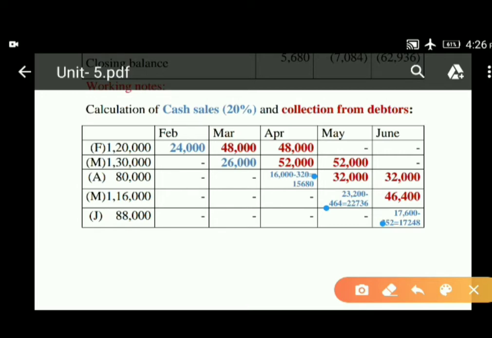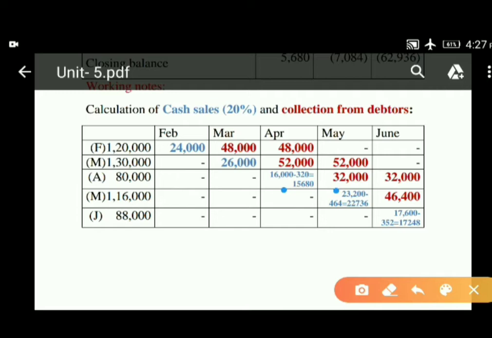Now actual cash sales in the month of April is 16,000 minus cash discount 320, which equals 15,680. Similarly in the month of May, actual cash sales are 23,200 minus 464 discount, actual cash received is 22,736.